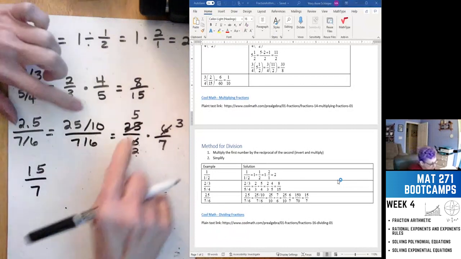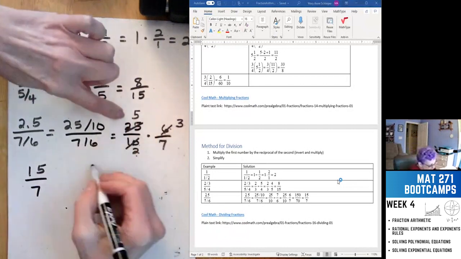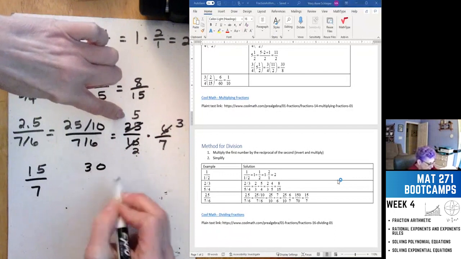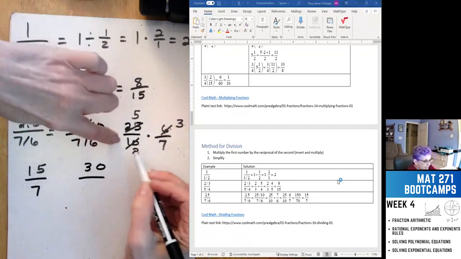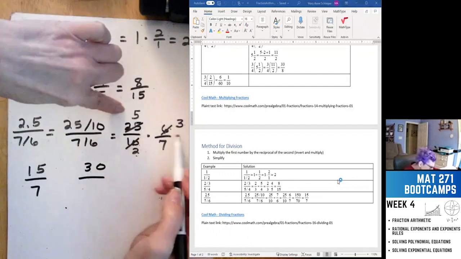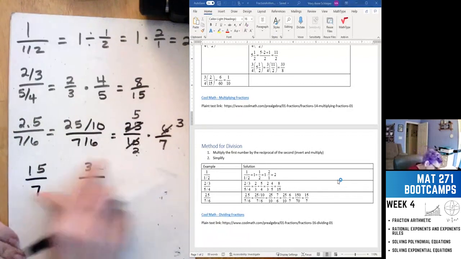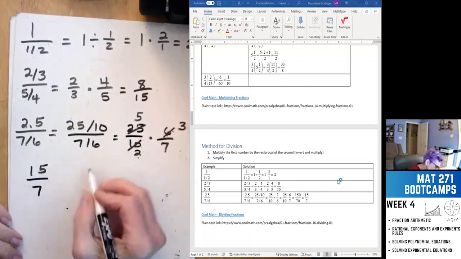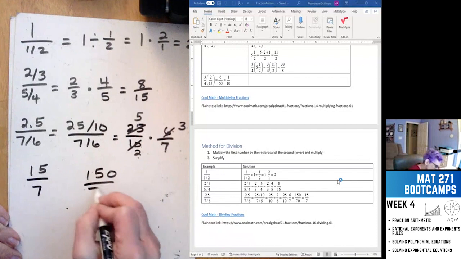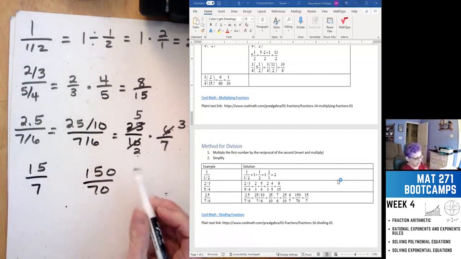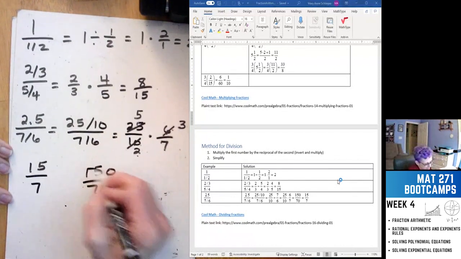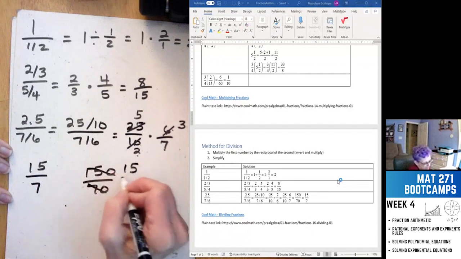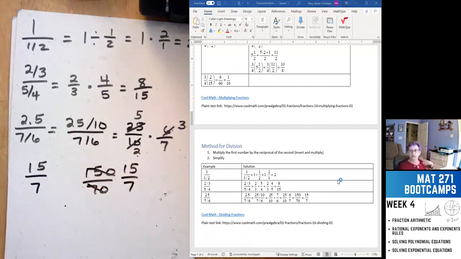Or you could have just multiplied 25 times 6 and gotten 150 over 70. And then simplified that into 15 over 7. So it doesn't matter if you simplify early or simplify later, you'll end up with the same darn thing.